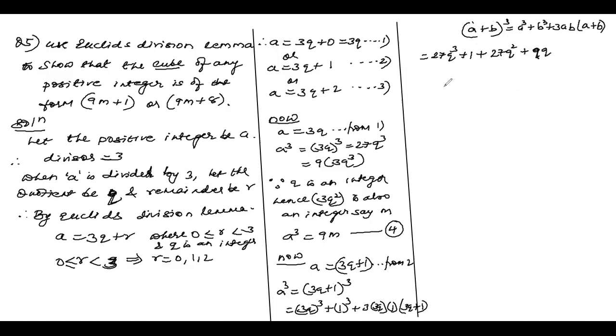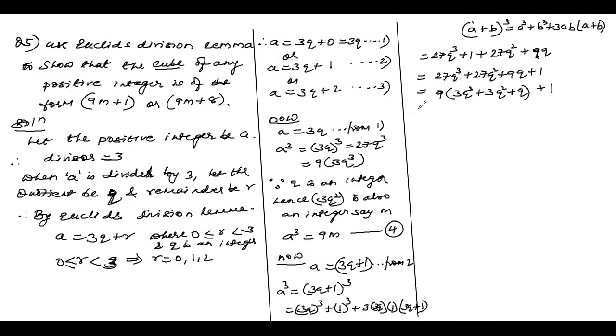All the q terms together, children: 27q cube plus 27q square plus 9q plus 1. In the first three terms 9 is common, so what will come, beta? 9 into (3q cube plus 3q square plus q) plus 1.